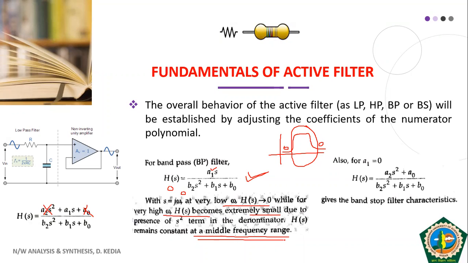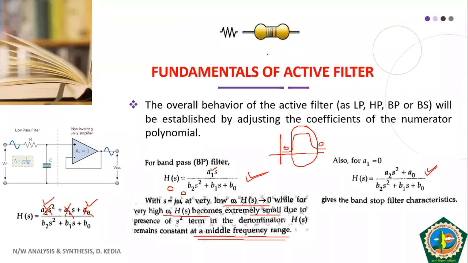Okay, and then lastly we should look into the band stop filter. For the band stop filter, a1 will be rejected, sorry, a1 will be zero, and a naught and a2 will have certain values. So this is the transfer function of the band stop filter. The same logic we used to explain the low pass, high pass and band pass filter will apply here.